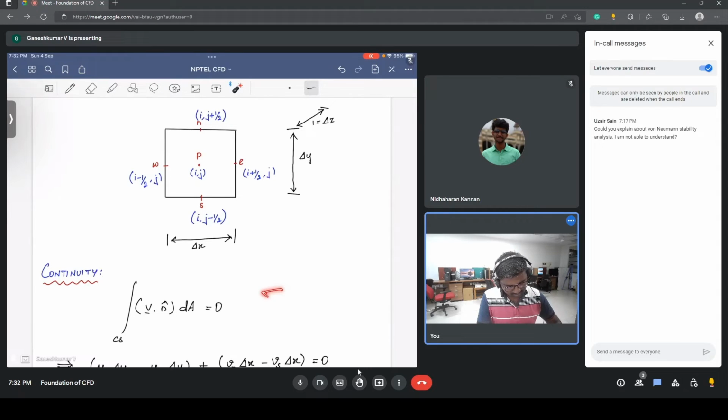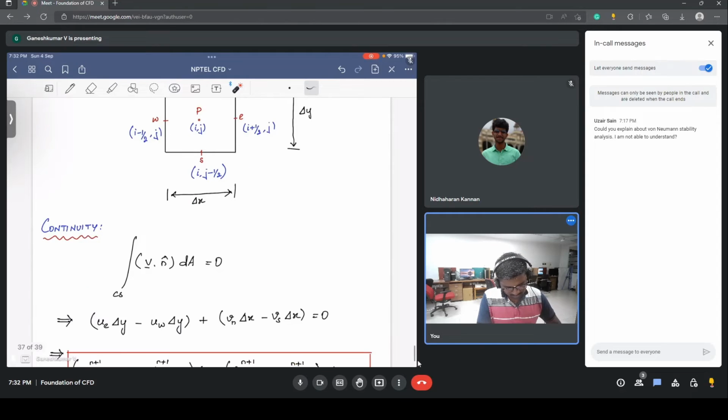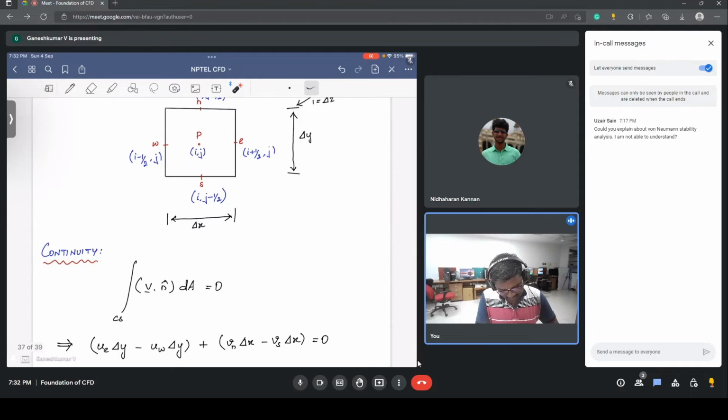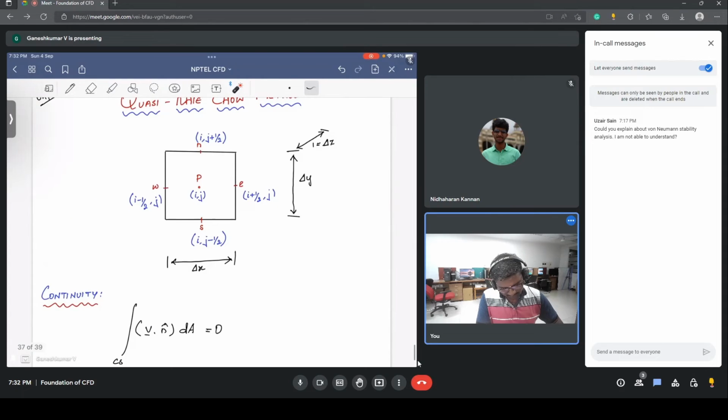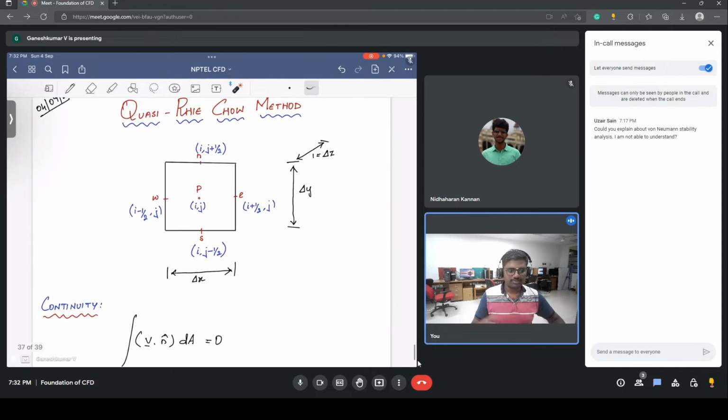So you can write the summation over all faces of u dot n times A_f, the area of the face. We see there is a flux going out at east and a flux coming in at west. So you can write u_e times delta y times 1, because I'm taking a unit width; since it's 2D, the depth is unit width.